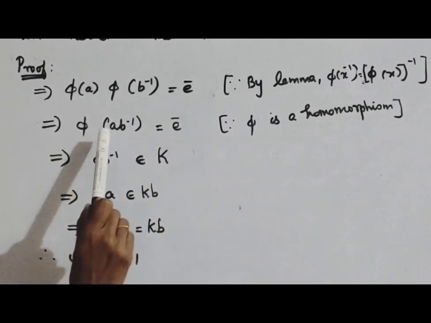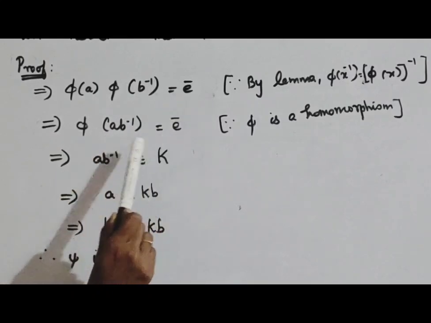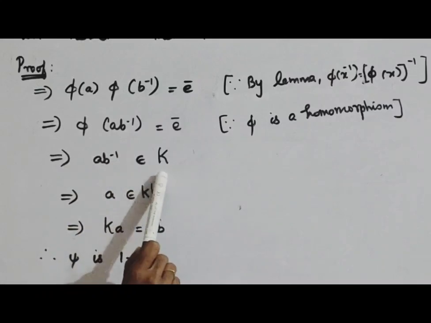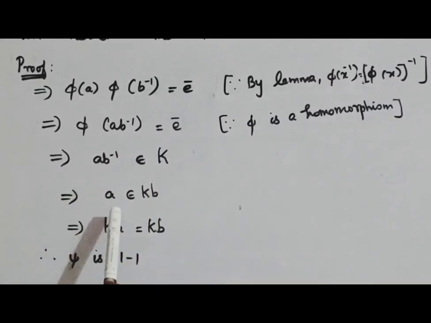Therefore, by using the definition of kernel, a b inverse belongs to the kernel K. This can be written as a belongs to Kb, which can be written as Ka is equal to Kb. Therefore, psi is 1 to 1.